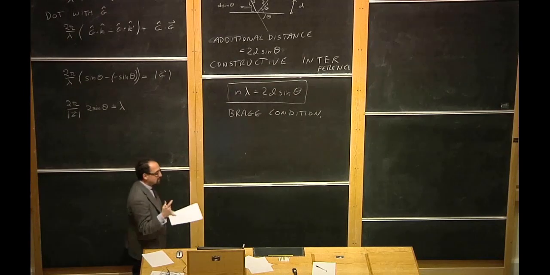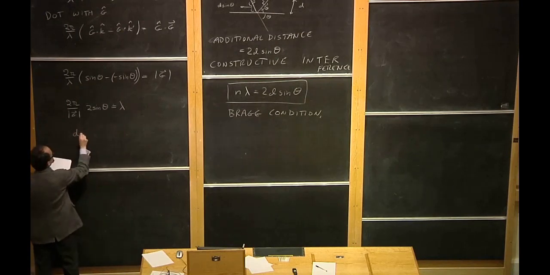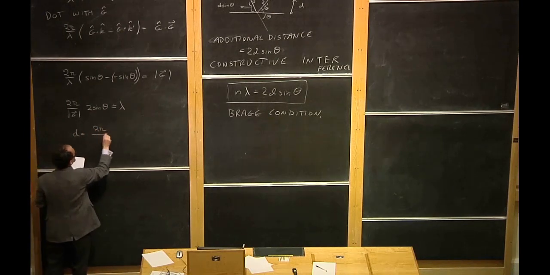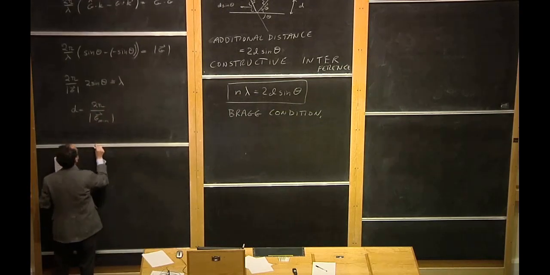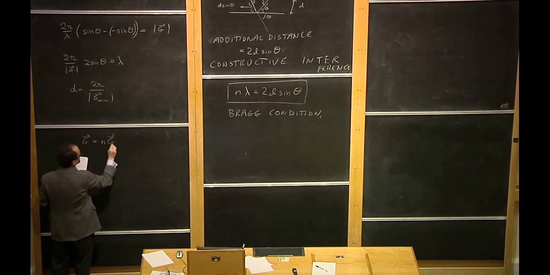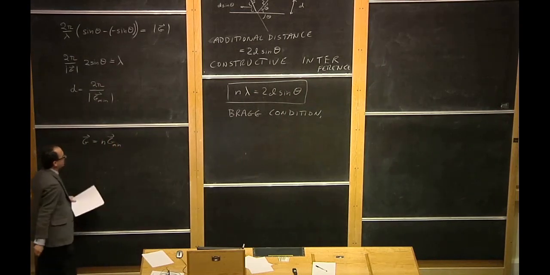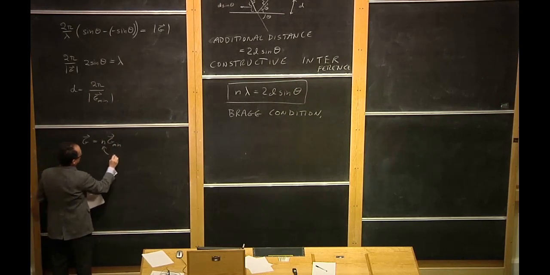The spacing between lattice planes, d, is 2 pi over the shortest reciprocal lattice vector in a given direction, G min. So any reciprocal lattice vector, G, has to be some integer times the minimum reciprocal lattice vector in that given direction. So n is some integer.